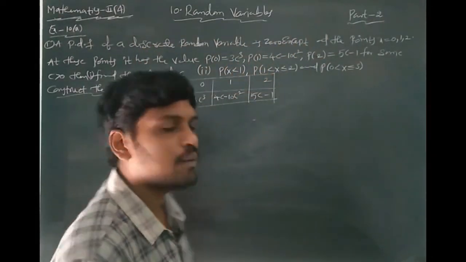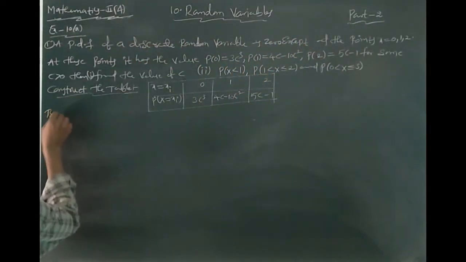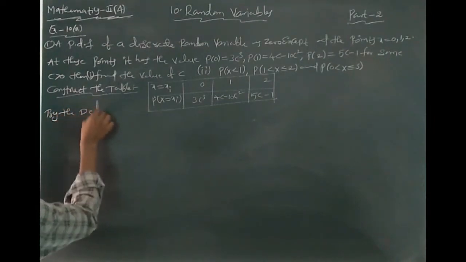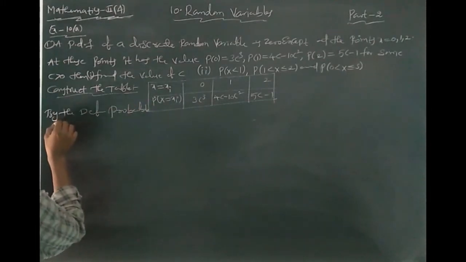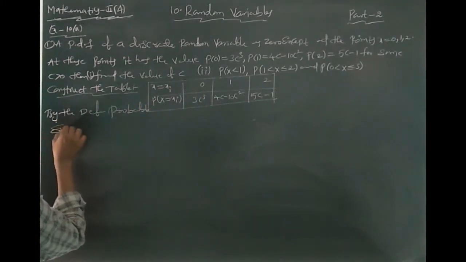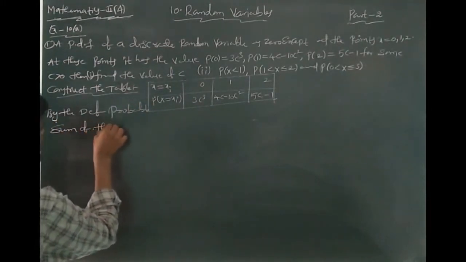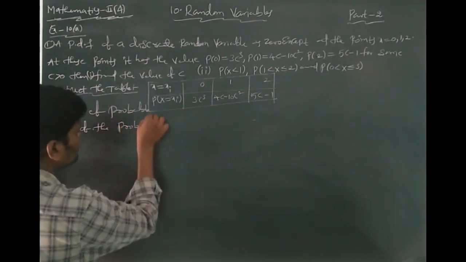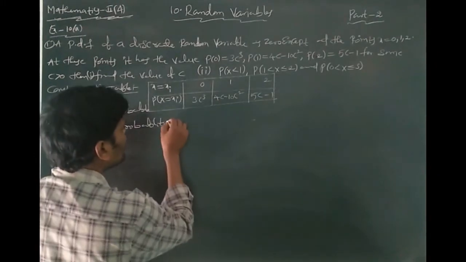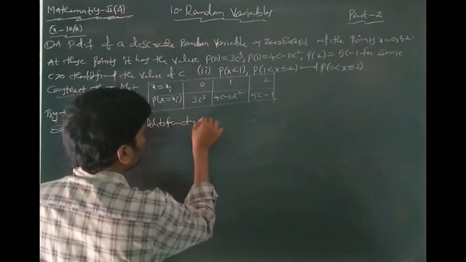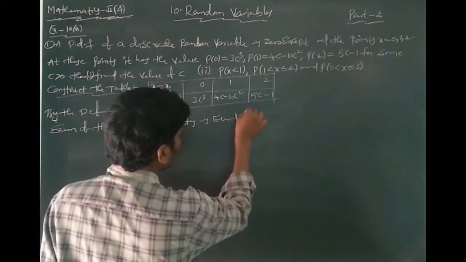By the definition of a probability distribution, the sum of the probabilities is equal to 1.